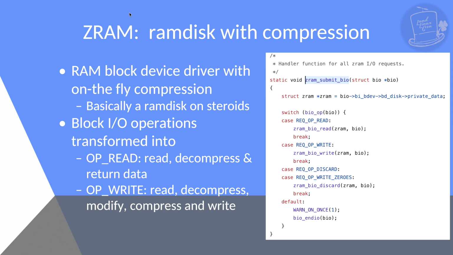But basically, it's just a RAM disk, but not an ordinary RAM disk, but a RAM disk with compression, and it's operating on pages. So I wrote, a RAM disk on steroids. But maybe it's just the opposite. It's not steroids. It's, I don't know, a RAM disk on inflators or deflators, whatever.